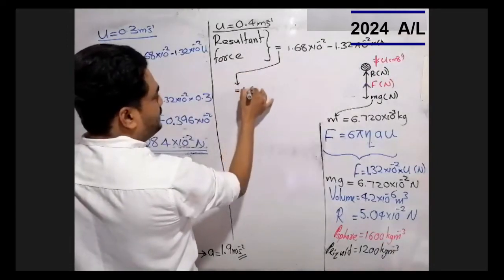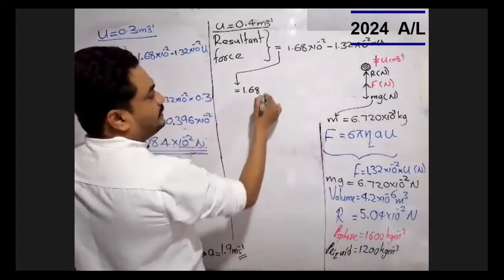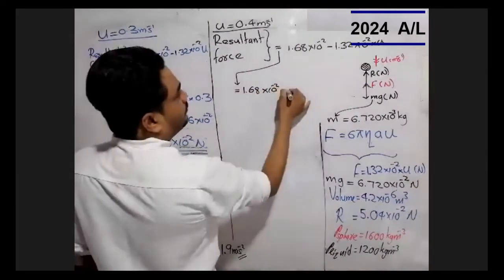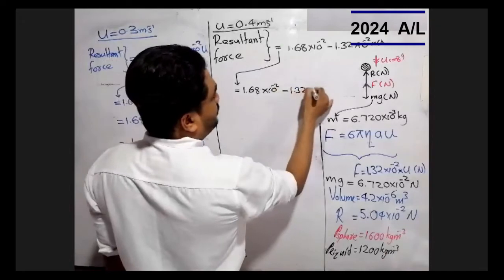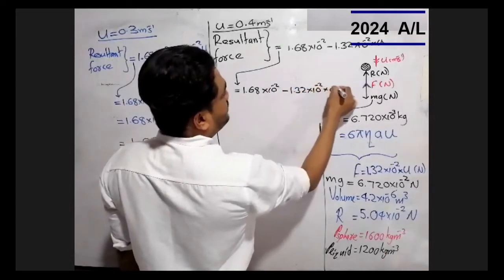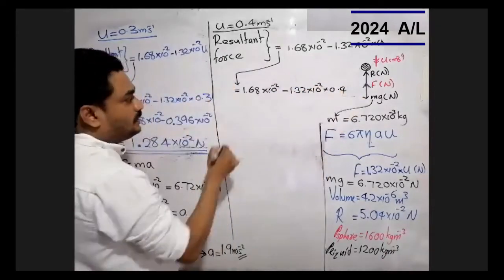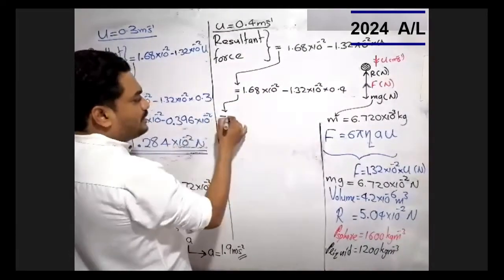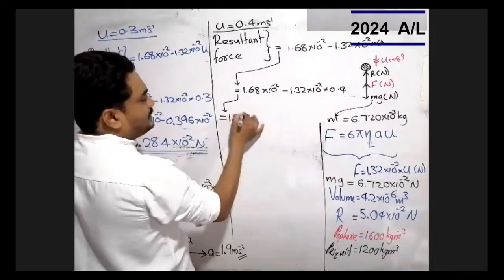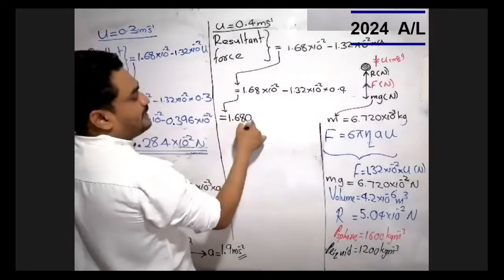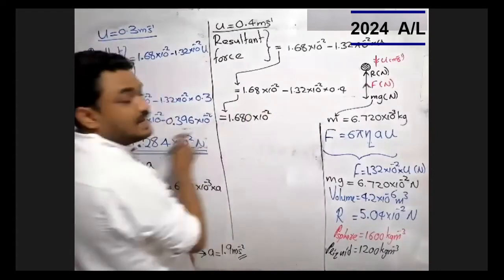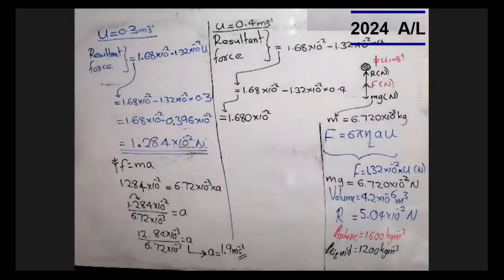Now u is 0.4. If you are confused with simplifying, you can write this as 1.680. You can add any number of zeros after it into 10 to the power minus 2. You will understand the reason for this zero very soon.